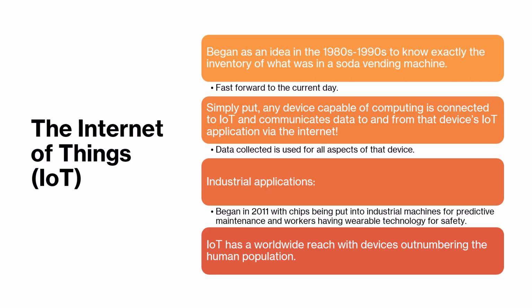Industrial applications for the Internet of Things didn't really begin until the 2010s, when technology and chips were put into industrial machines for predictive maintenance, meaning that it can take data from the machines, understand how the machine is operating, and if there may be some potential issue arising, they can pause that machine, turn it off before that issue arises, and save the money they would have had to spend on fixing that problem.